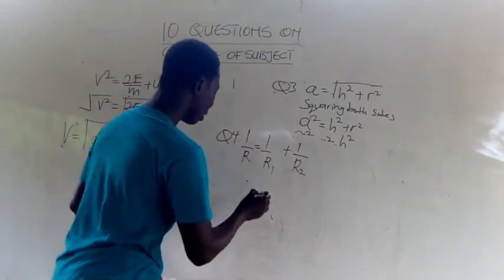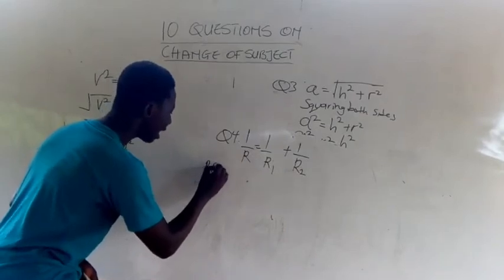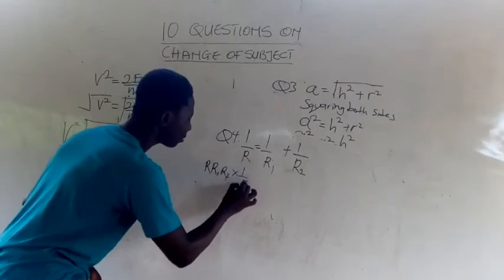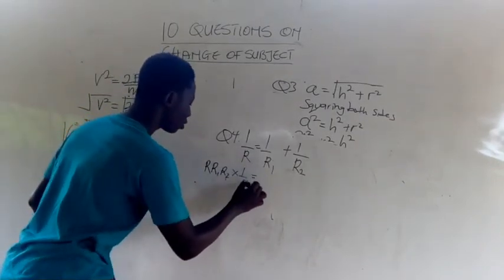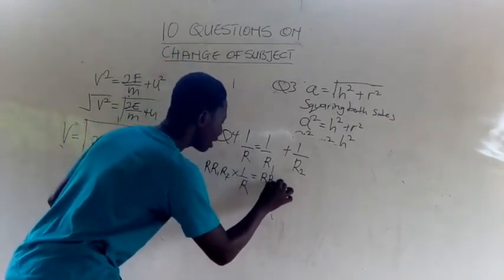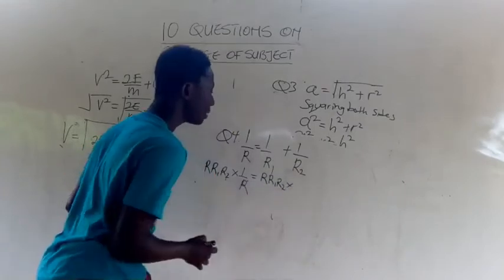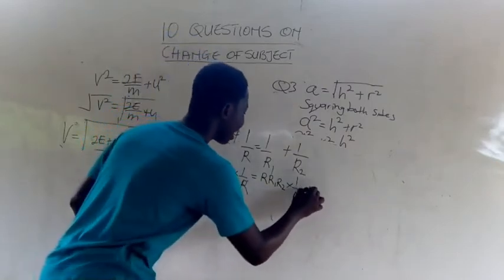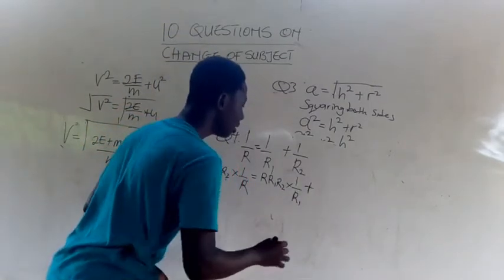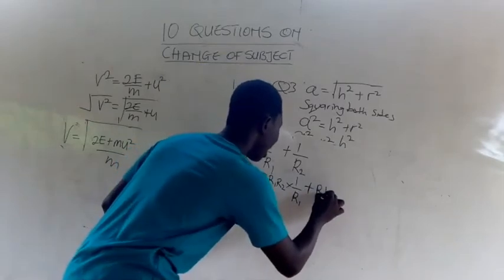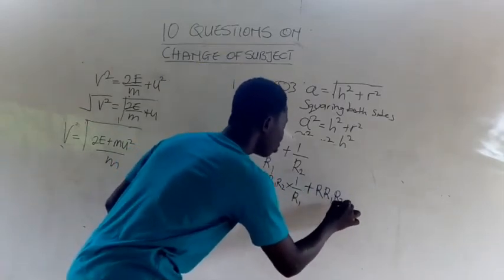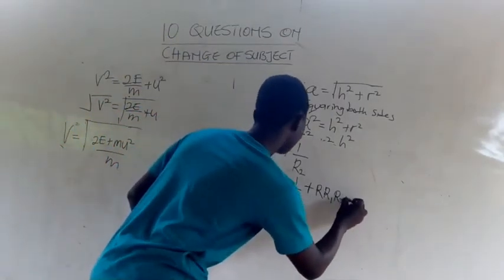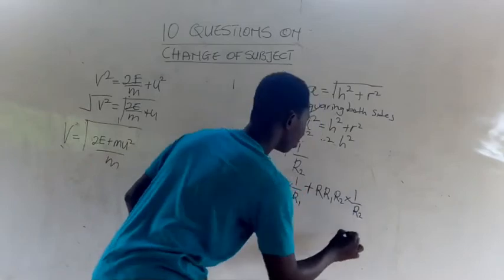So we're going to get r1 r2 multiplying the first term, 1 over r, equals r1 r2 multiplying the second term, 1 over r1, plus r1 r2 multiplying the third term, 1 over r2.